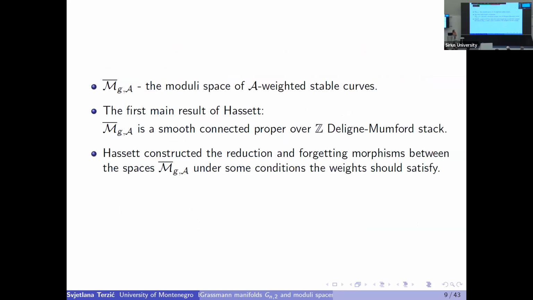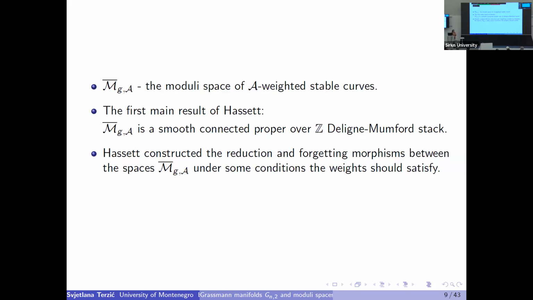And then he denoted by M̄_{g,A} the moduli space of A-weighted stable curves. And his main result, published in this paper, is that he actually proved the analog of the result by Deligne-Mumford: that this is a smooth connected proper Deligne-Mumford stack over Z. And besides that, he constructed the reduction and forgetting morphisms between these spaces under some additional conditions the weights should satisfy.